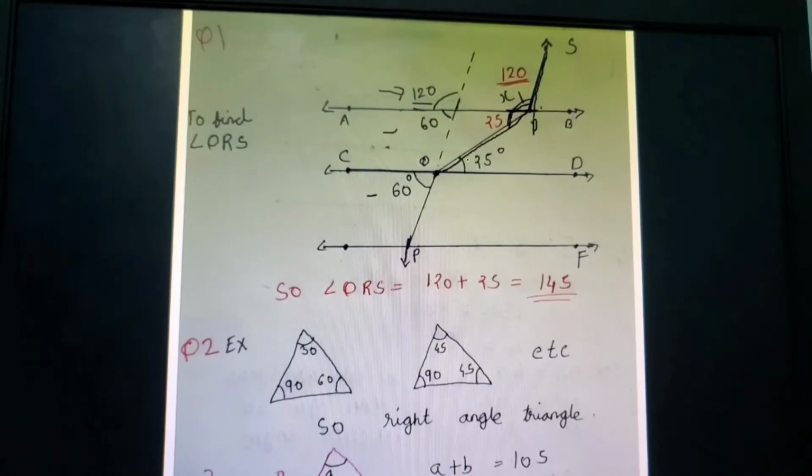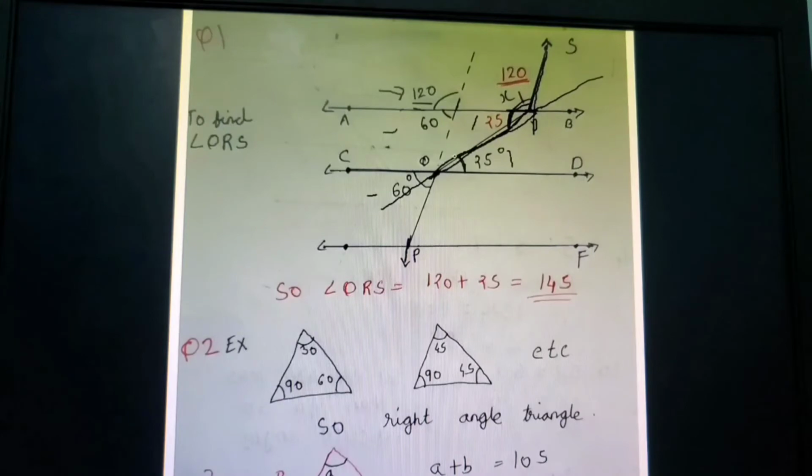Now we have to look at this figure carefully. So this is 25. By the property we have to extend this. By the property, this angle should also be 25 degrees, due to the property of alternate interior angles. This is an interior angle and this is the interior angle of the line.